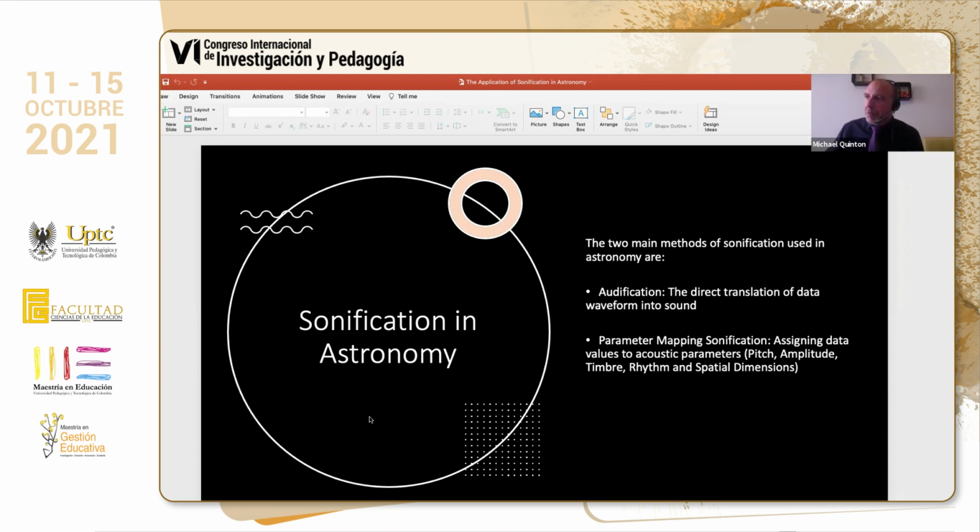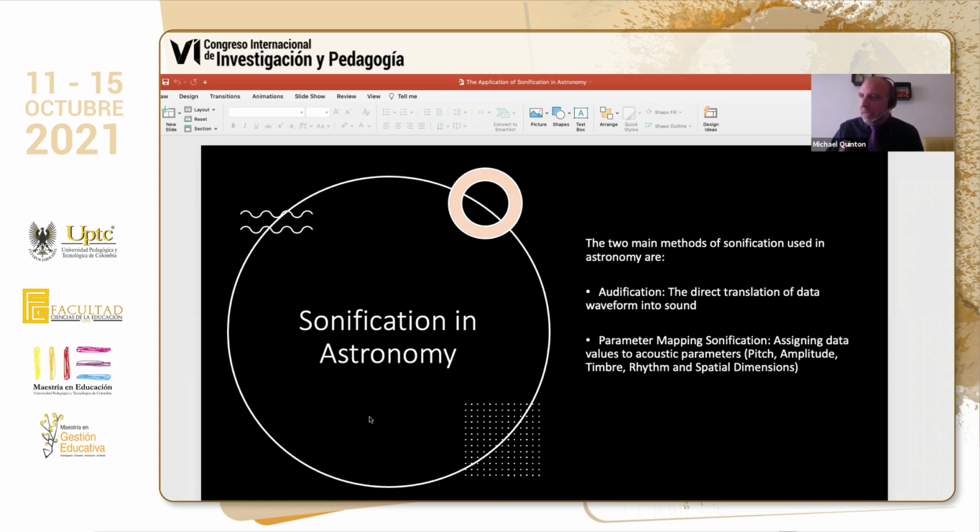So in the case of parameter mapping sonification, you're not directly translating the wave in terms of pitching it up and down and resampling it. What you're doing is you're using the attributes of hearing. So earlier on, when we gave the example of the siren, we mentioned loudness, we mentioned the clarity, or something called timbre.